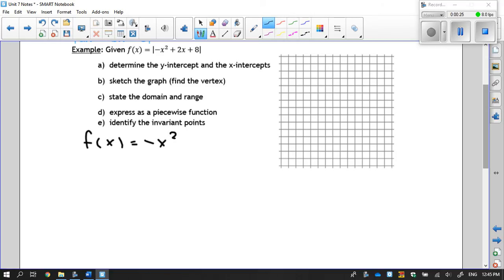negative x squared plus 2x plus 8, our y-intercept is equal to 8.